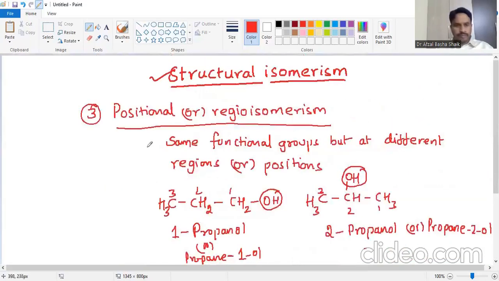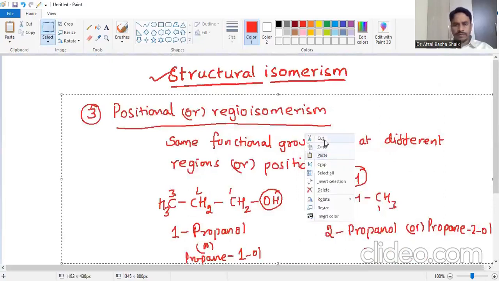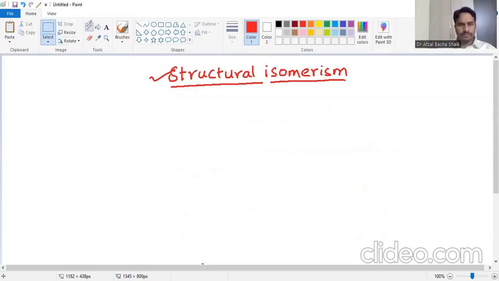And the other type of structural isomers are metamers.